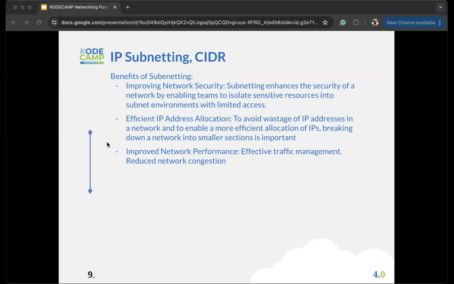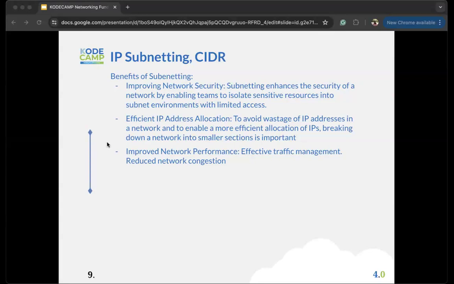The next benefit of subnetting as a process is the efficient allocation of IP addresses. So to avoid wasting IPs in a network, you can create smaller networks that will have their own IPs that you can now more easily allocate and manage within that subnet, right?